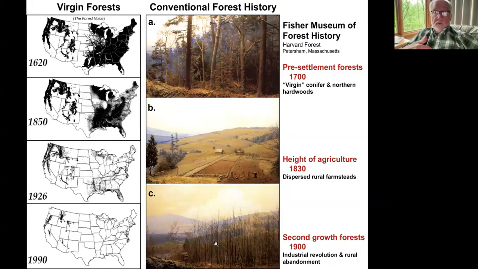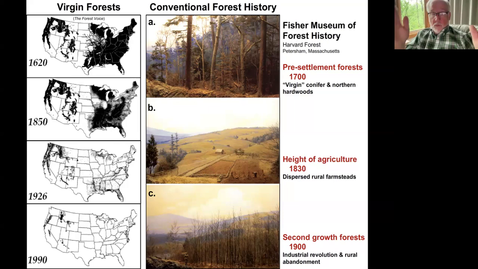And in the wake of abandonment, we get second growth, third growth, and fourth growth forests beginning in the early 20th century. And so this is in many of the introductory ecological textbooks. And it's kind of the conventional view that we have of what happened to our virgin forests in the eastern United States.